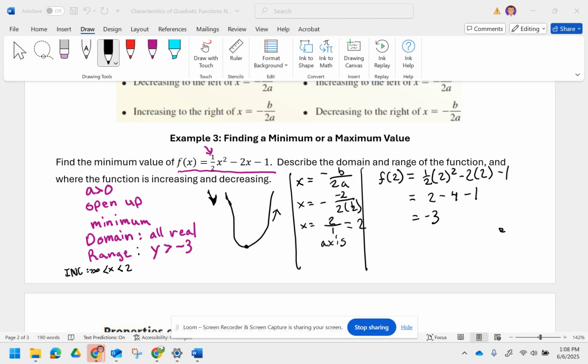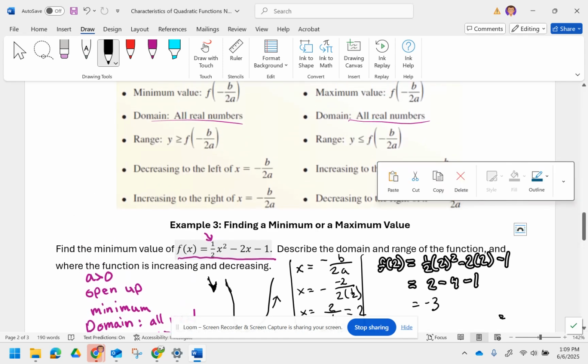So from negative infinity all the way till it reaches 2, it is decreasing along there. And then it's going to be increasing starting at the 2 and then going towards infinity.